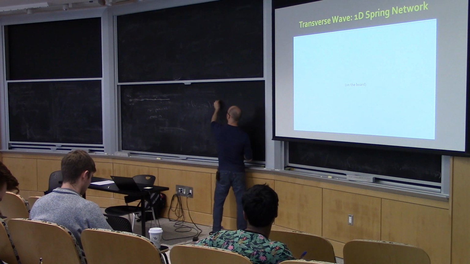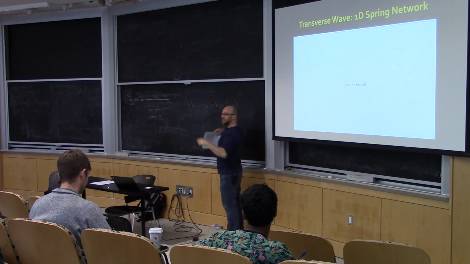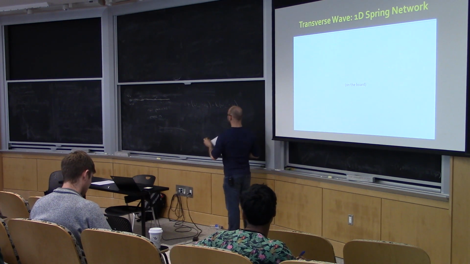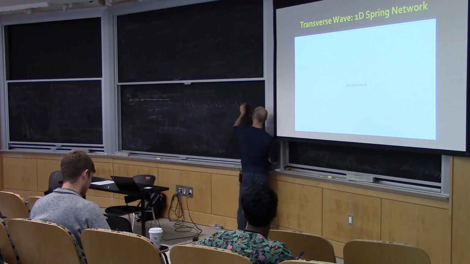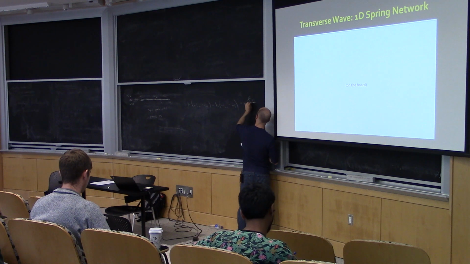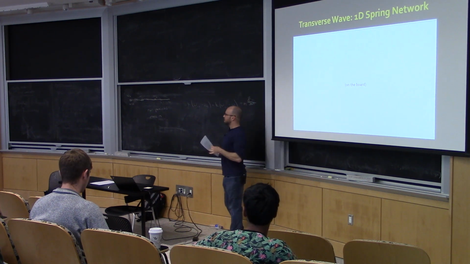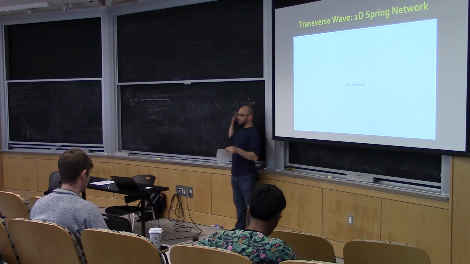I always get the signs of these backward, which is why I keep shaking my notes, because the forces point opposite ways. And of course this is equal to what? Well, it's equal to the mass of the particle times the second derivative in time. And this is what's governing the dynamics of these wiggling little particles in a big line of springs.